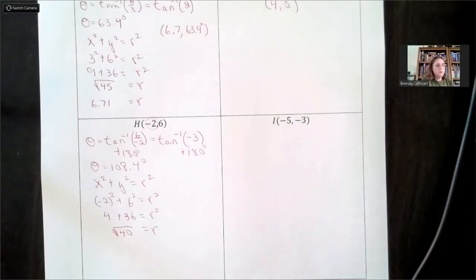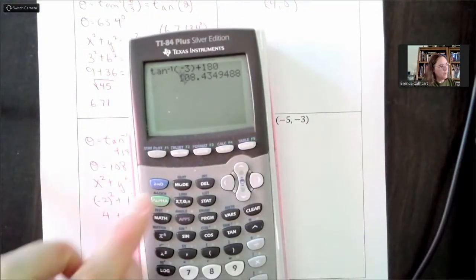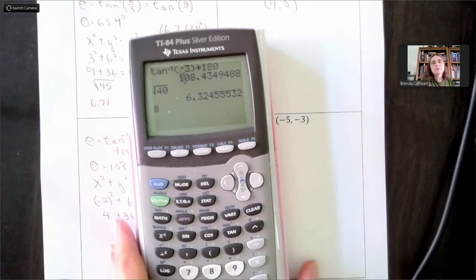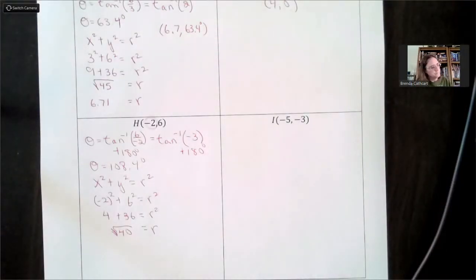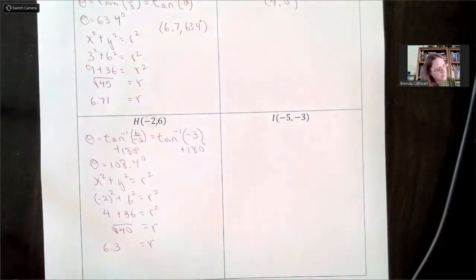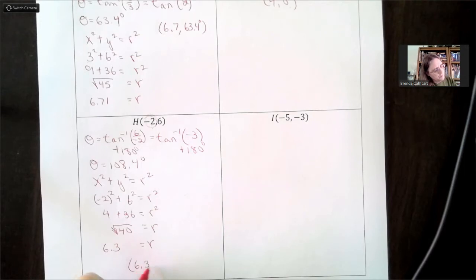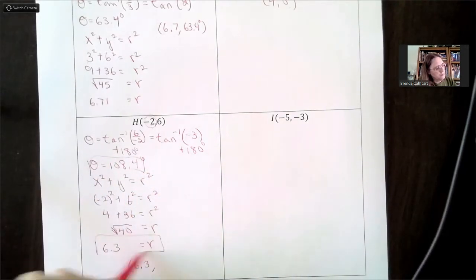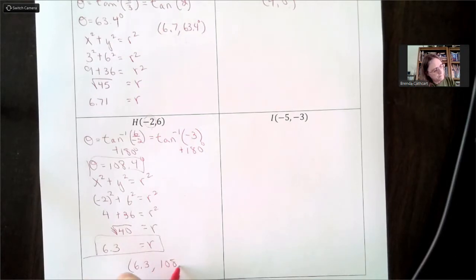Let's find that value. Square root of 40 is 6.3. So our ordered pair here is 6.3 for the radius and 108.4 degrees for the angle.